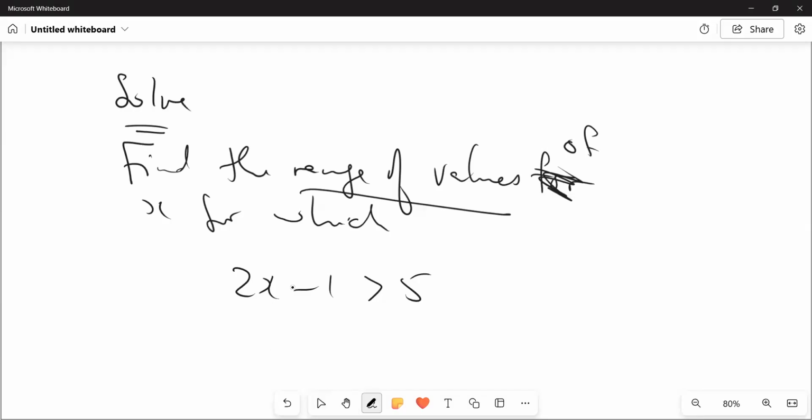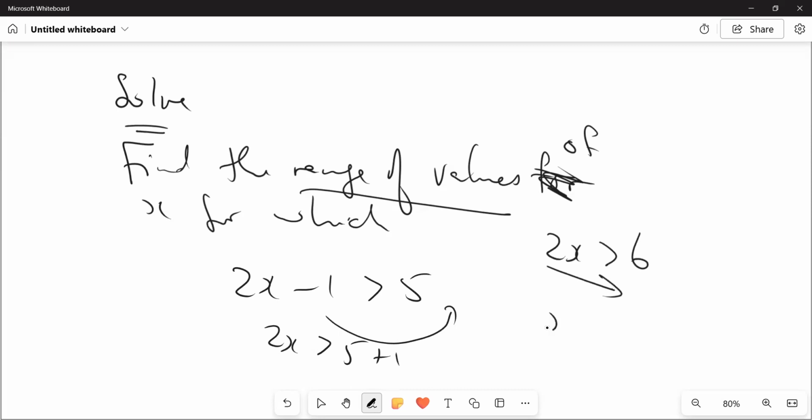You treat this just like an equal sign. You take the minus 1 over there, and you get 2x is greater than 5 plus 1, so 2x is greater than 6. Divide both sides by 2, and you get x is greater than 6 divided by 2, so x is greater than 3.